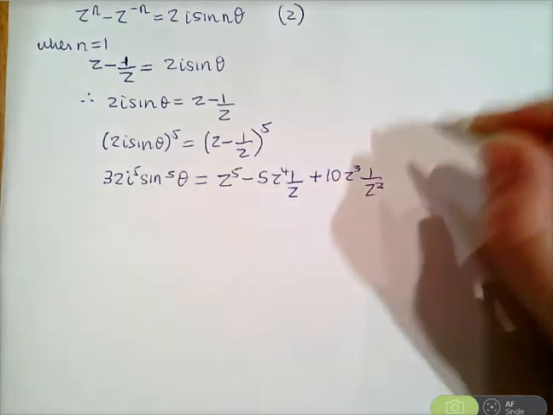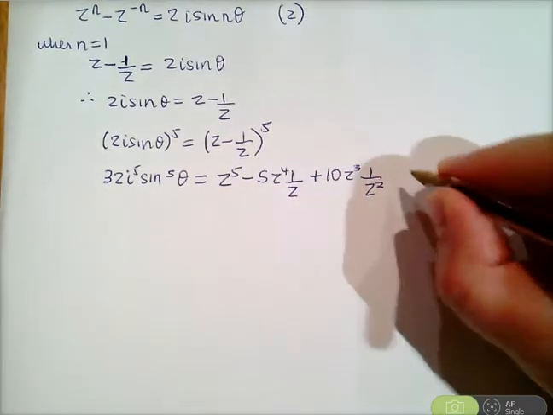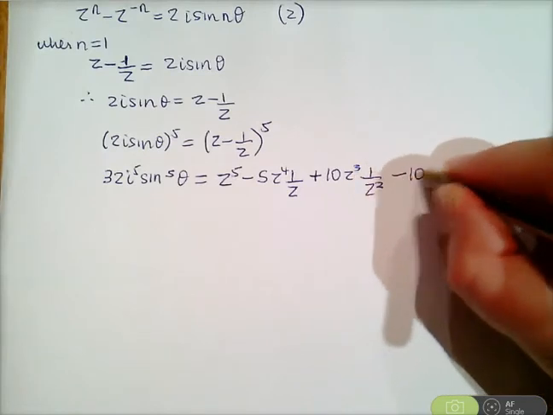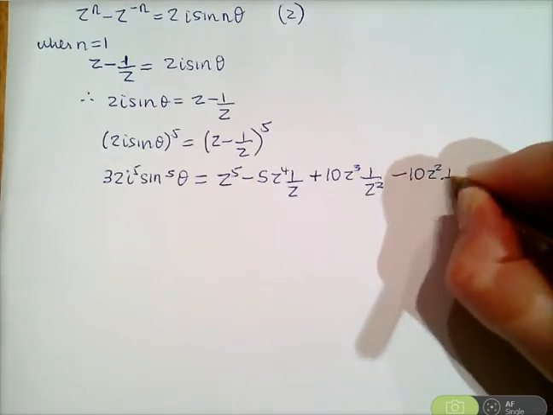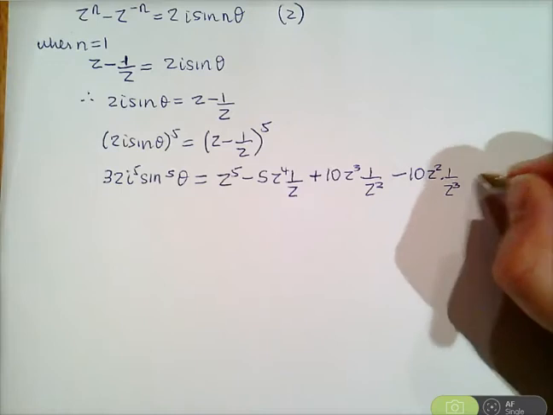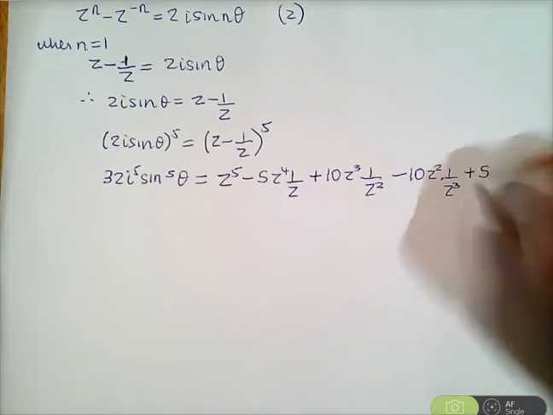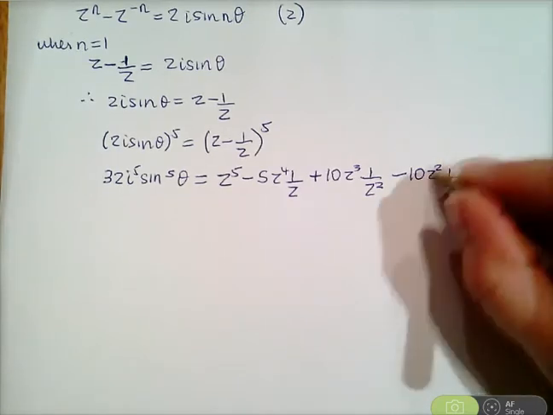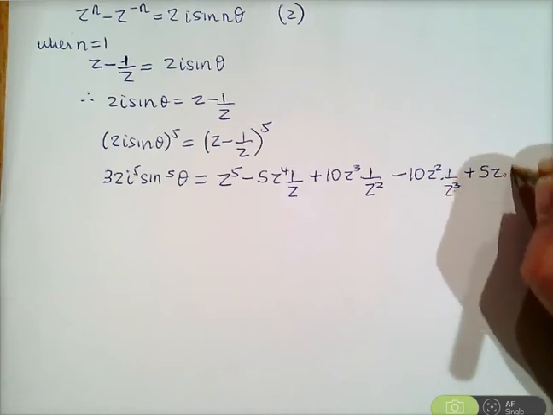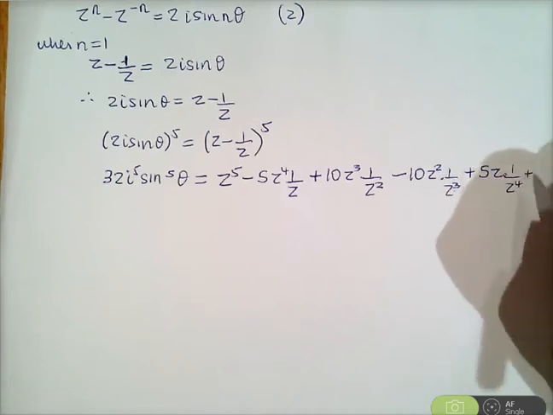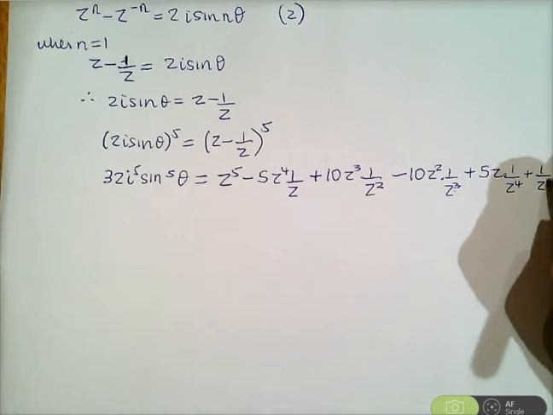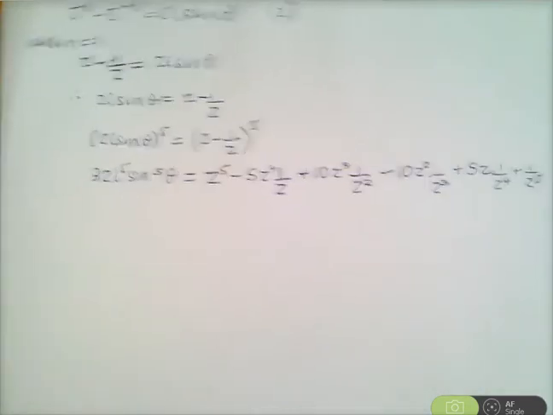Then we've got minus 10 again, z squared times 1 on z cubed. Then we've got plus 5, bringing this power down by 1 and increasing the denominator by 1, plus 1 over z to the power of 5. Sorry, minus.